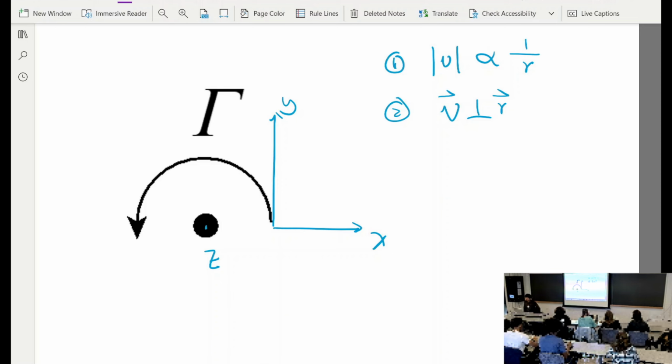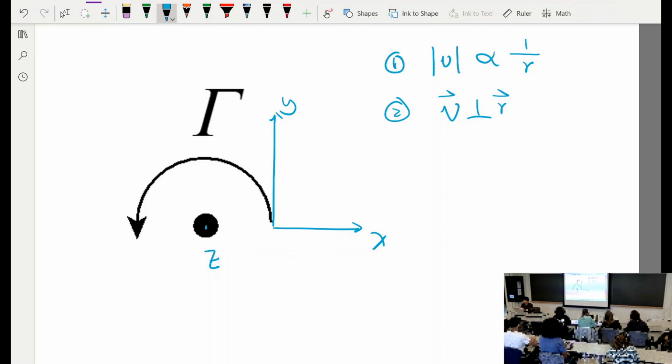But of course, this is in a radial coordinate, so we have to transform this into a Cartesian coordinate for us to be able to do more manipulations. Especially when there are multiple vortices, there is no unified radial coordinate centered on two vortices or many vortices.